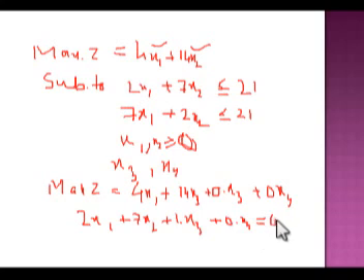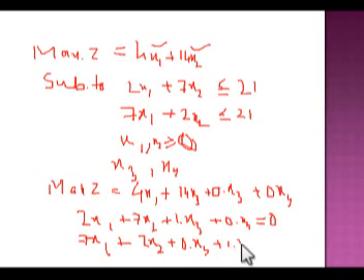Now this is an equation, and the other constraint will be changed into an equation in this way: 7x1 plus 2x2, here I use the slack variable x4, so the coefficient of x3 will be 0 and the coefficient of x4 will be 1.